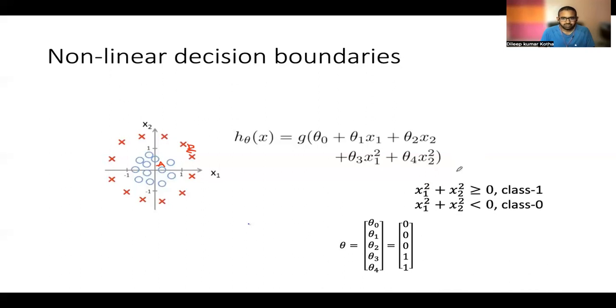If x1 square plus x2 square is greater than or equal to 0, it belongs to class B, and if less than 0, it belongs to class A. Now x1 square plus x2 square equal to 0 gives a circle like this. Nice circle. You can see it fits our data well.